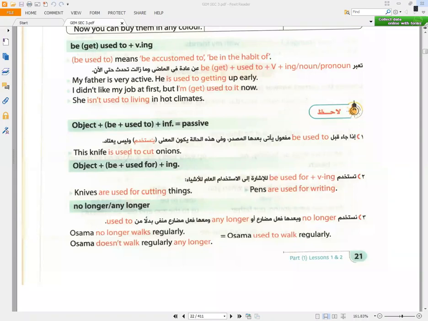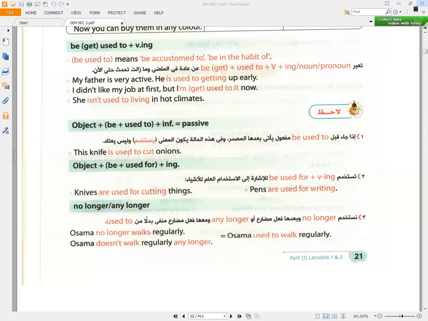Back again. Of course, this structure may be confusing. Be used to plus ing is for when something is not strange to you, in the context of habits. But we have be used to plus infinitive or be used for plus ing, which is passive. Knives are used for cutting things. Pens are used for writing.